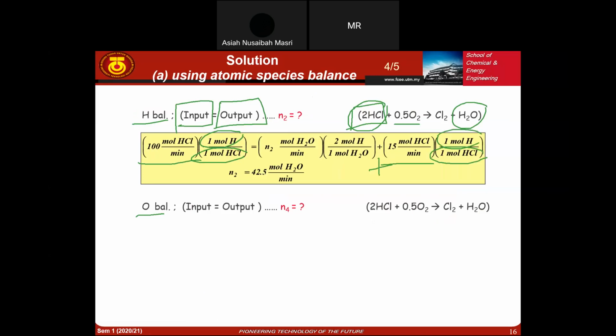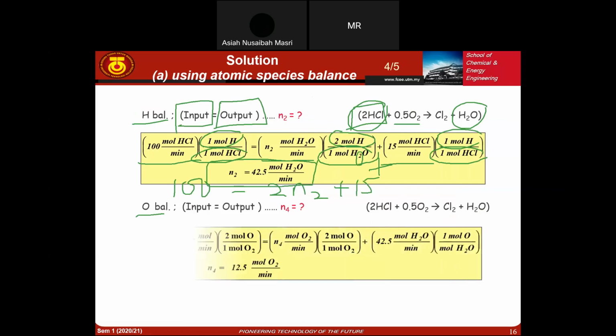We have output N2 mole H2O per minute, and for every 1 mole of H2O, there are 2 H, so 2 mole of hydrogen. So here we have 100 equals 2N2 plus 15. Solving it, we get N2 equals 42.5.